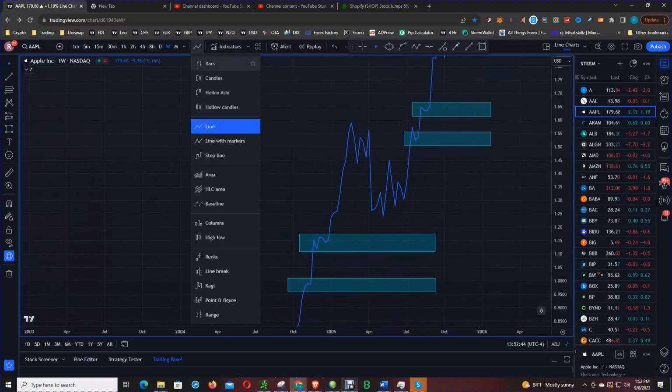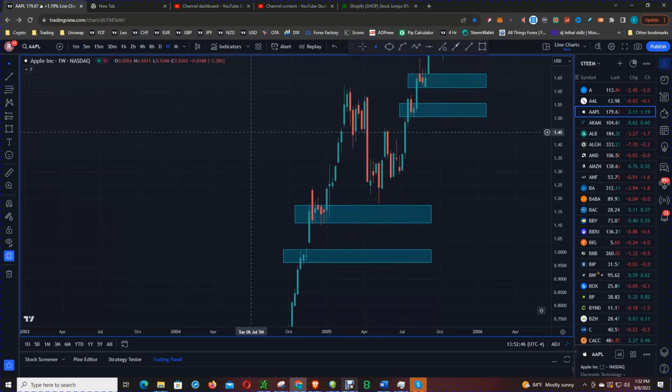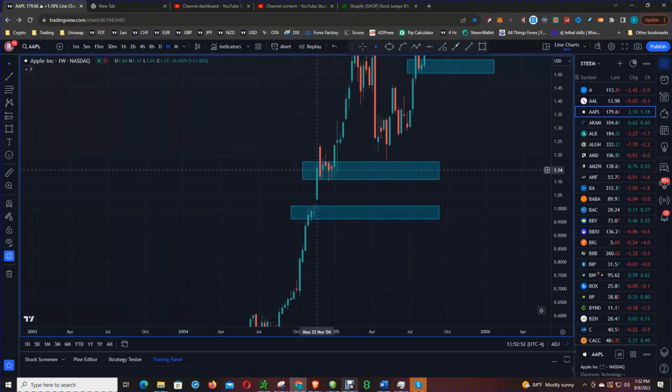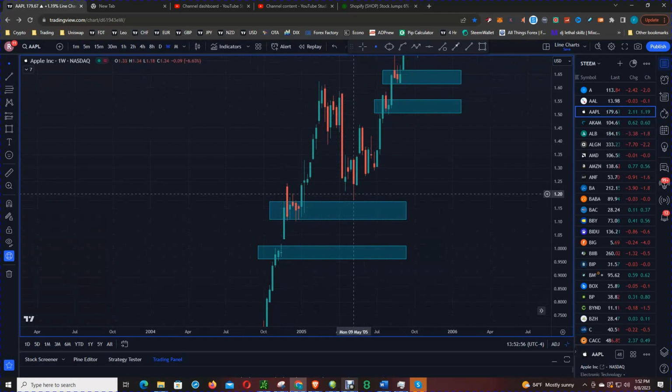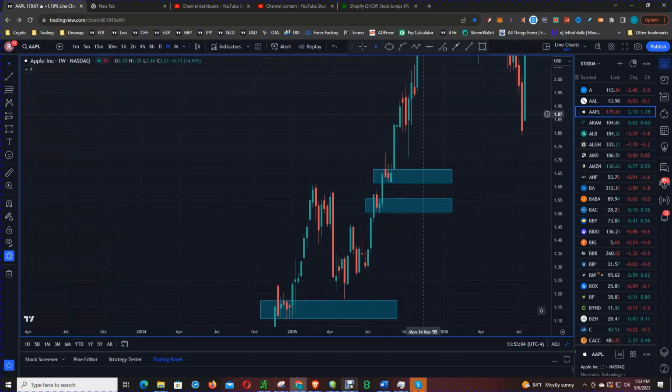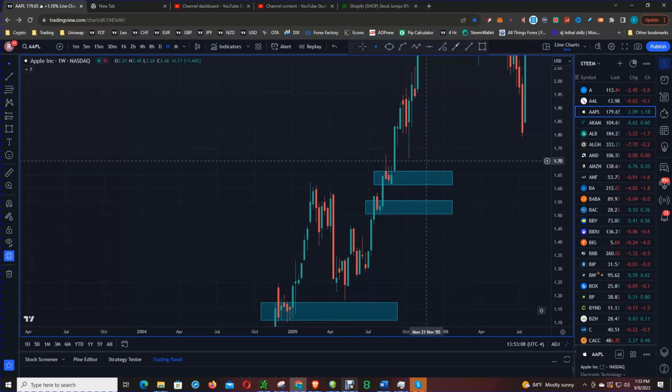All right, let's put on the candles. Beautiful formation, rally, base, gap higher, rally, base, rally. Price almost came to the zone, but didn't quite hit it. Got the rally, base, rally, base, rally. Again, price almost came to the zone, but didn't quite hit it.